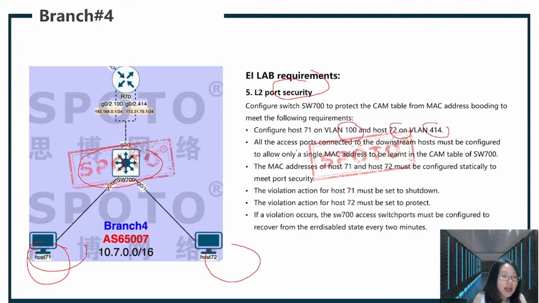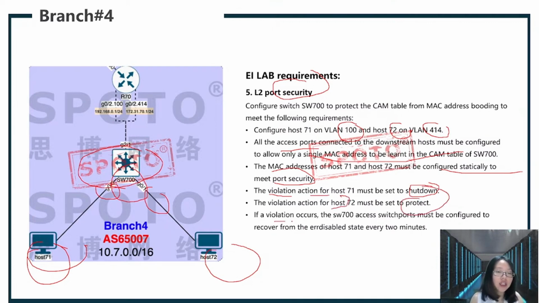Access ports connected to downstream hosts must be configured to allow only a single MAC address to be learned in the MAC table of switch 700. The MAC addresses of host 71 and 72 must be configured statically to meet port security, and the violation action for 71 is shutdown, for 72 is protect.